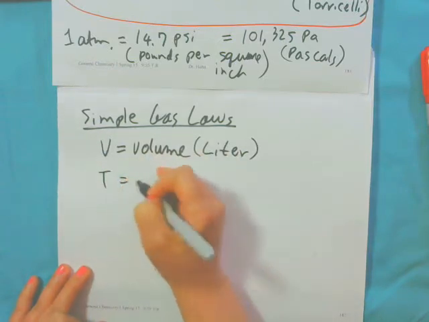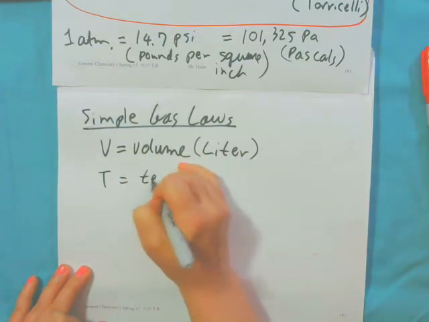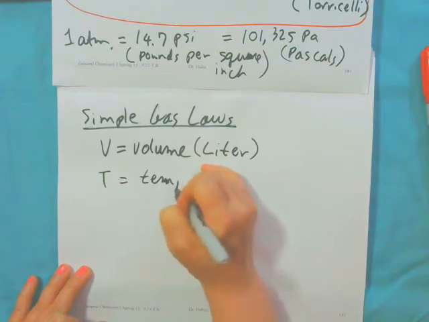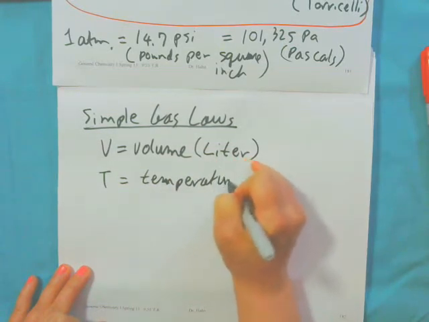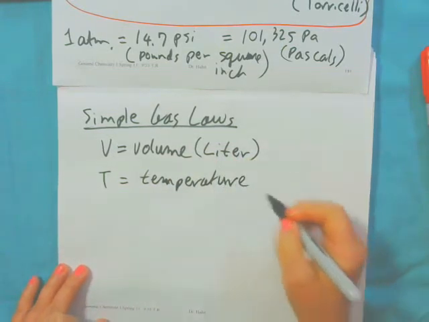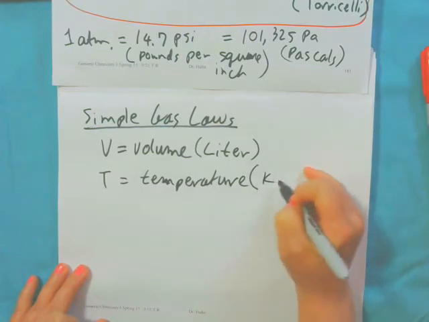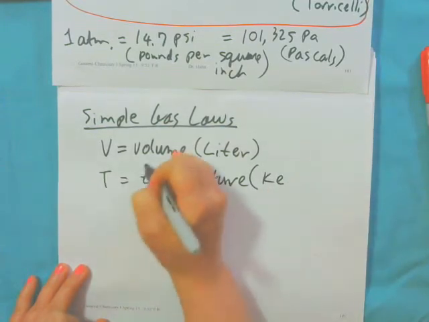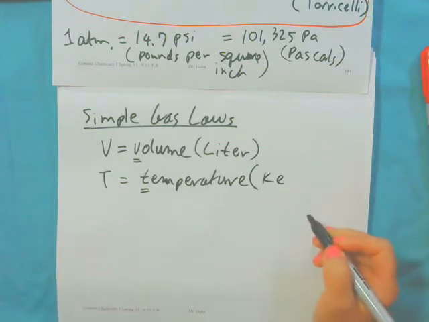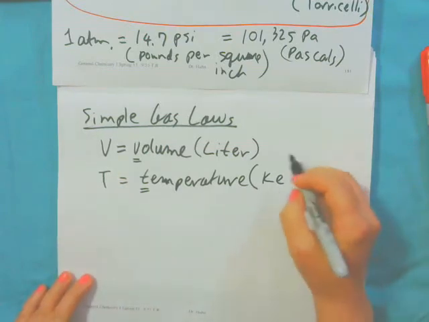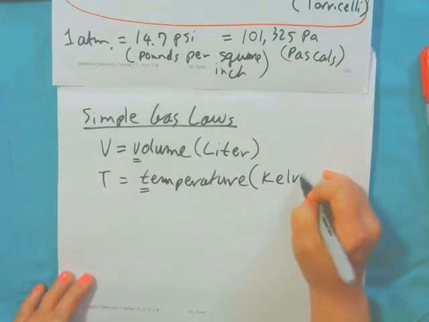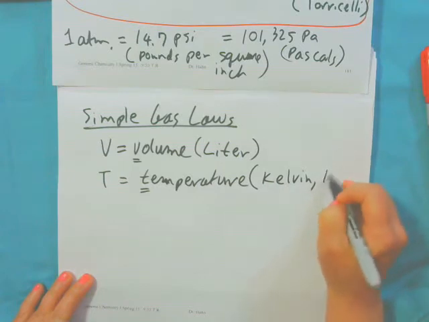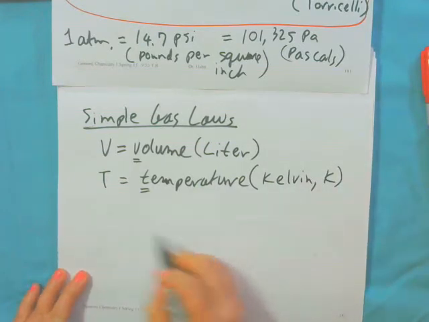Then we have T, which represents temperature. And once again, it's intuitively kind of obvious. The unit of temperature is Kelvin, or capital K.